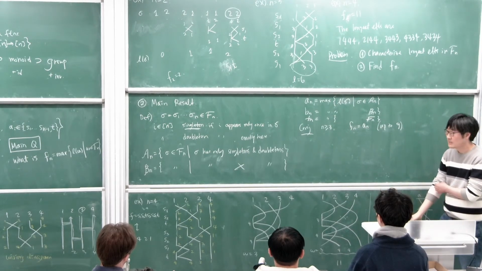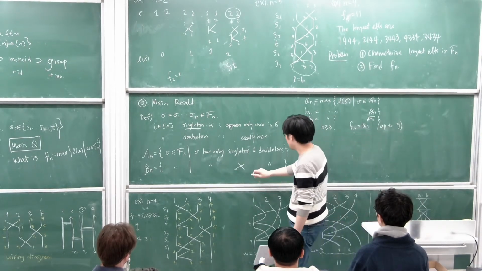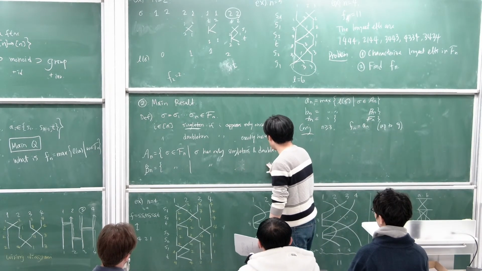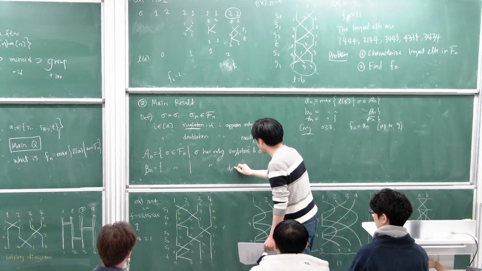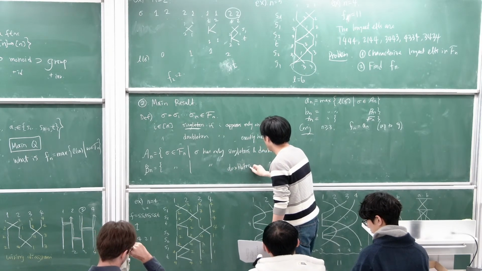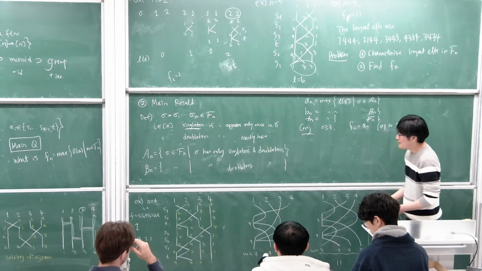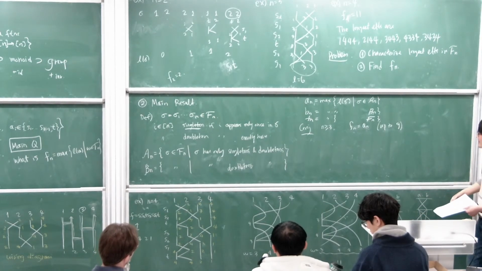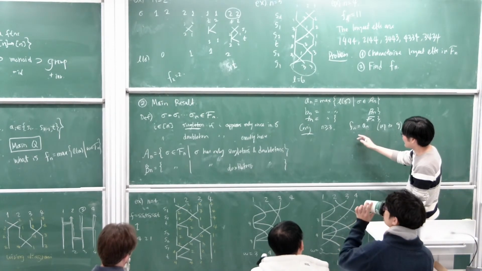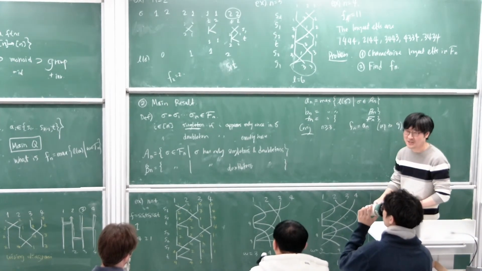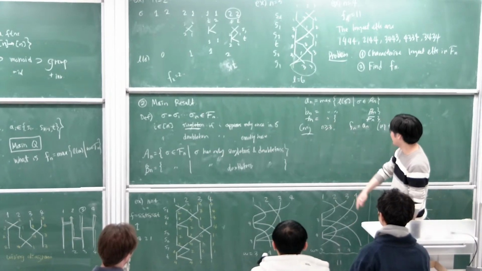Well, what does this A and B mean? A has no singletons restriction, and B is only doubletons. Because of this, just assuming the conjecture, we can just focus on A, right?